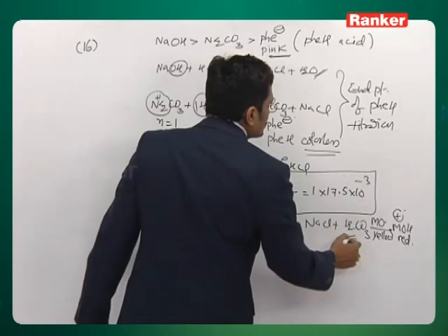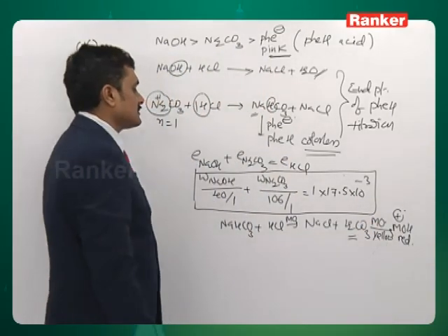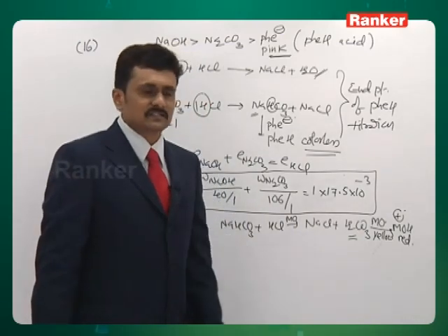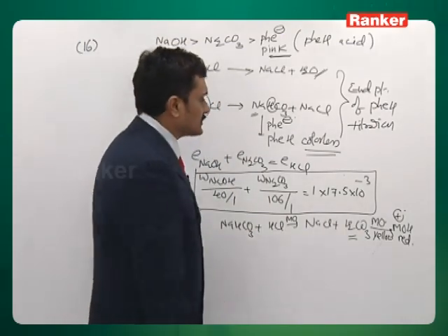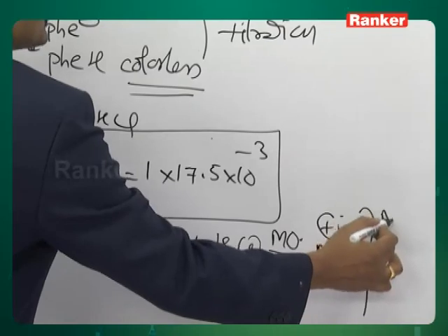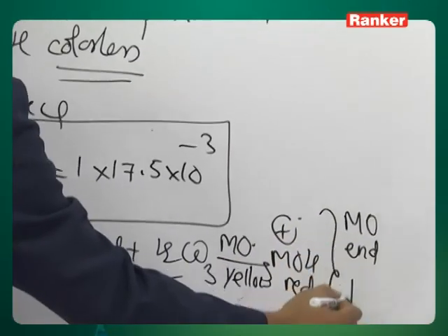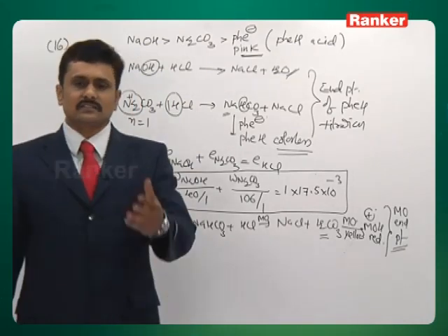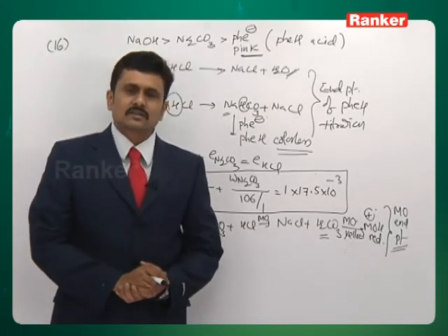I am going to say H2CO3 is essential for the change of color of methyl orange. So when the formation of H2CO3 takes place, we say that as the methyl orange end point, and we note down the volume of HCl which has been added. It is given in the problem as 2.5 milliliter.